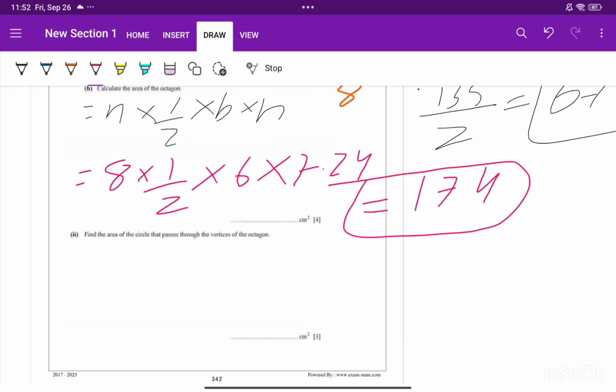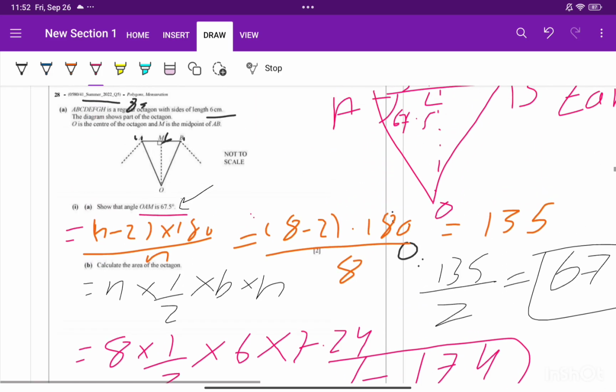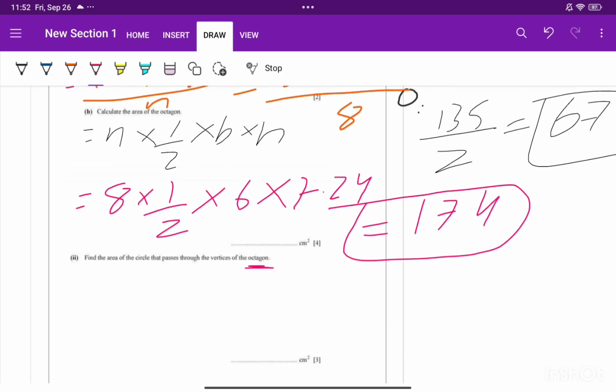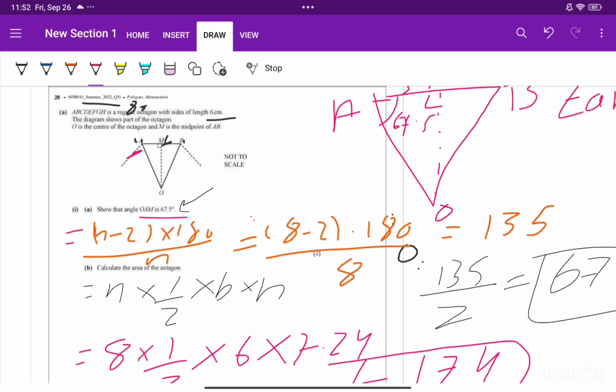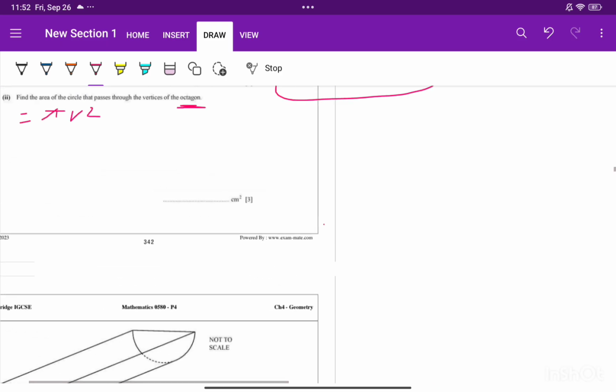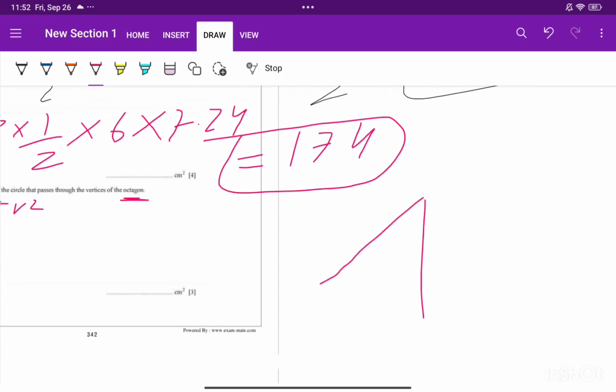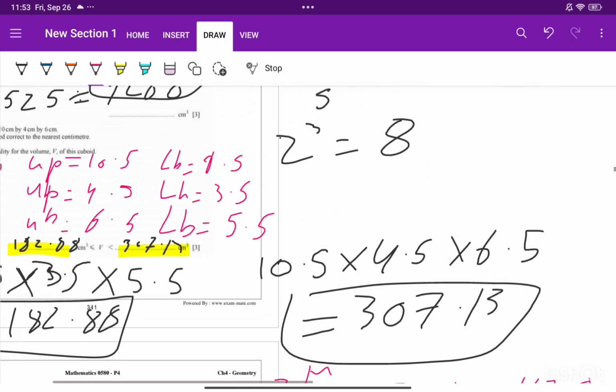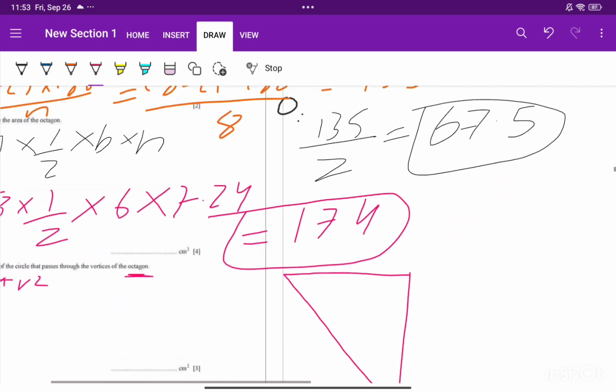Find the area of the circle that passes through the vertex of the octagon. Okay, area of the circle formula is pi r square. So we need to find AO. This is again easy. Let me draw triangle AMO again.